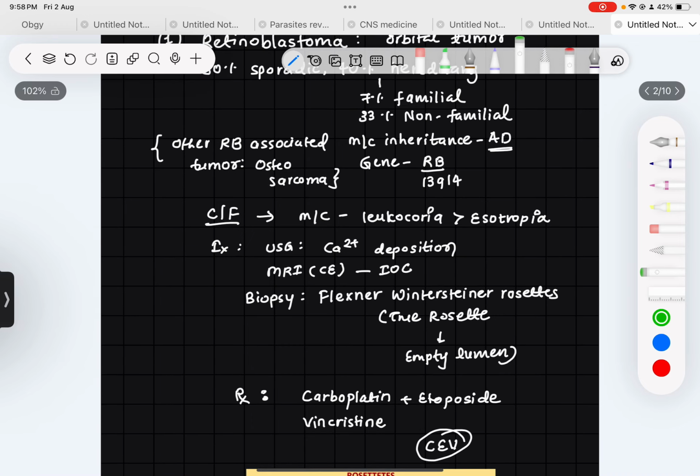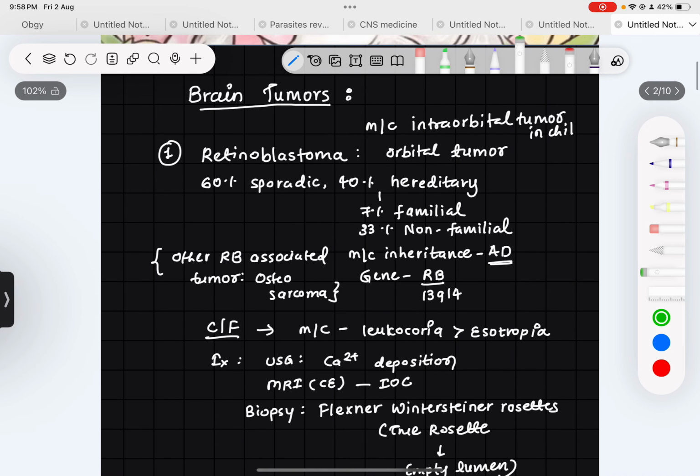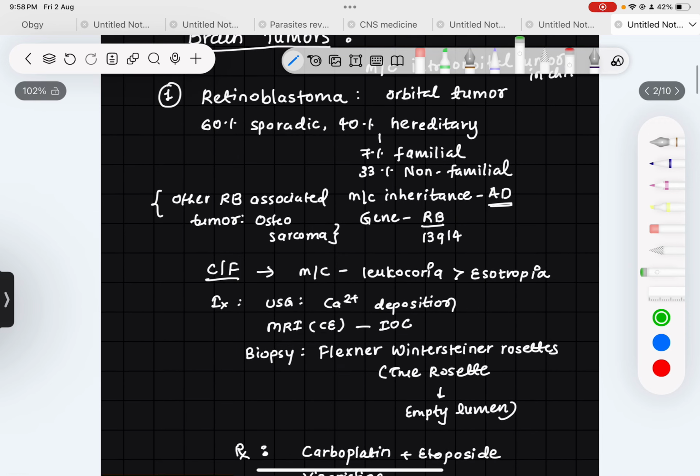Now the clinical features. Mostly it is going to be leukocoria in the eye, and the second one is esotropia. In USG you can see the calcium deposition, and contrast enhanced MRI is the investigation of choice, as we know that all the neurons are best seen in an MRI.